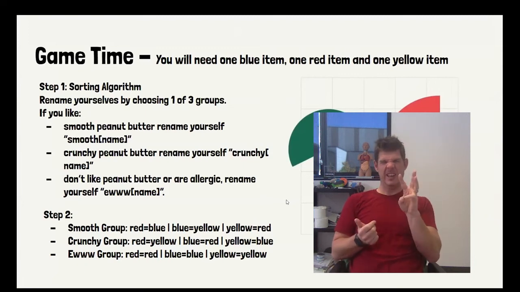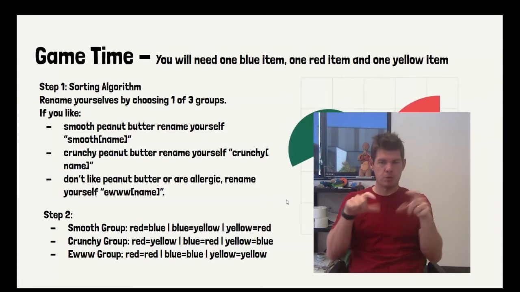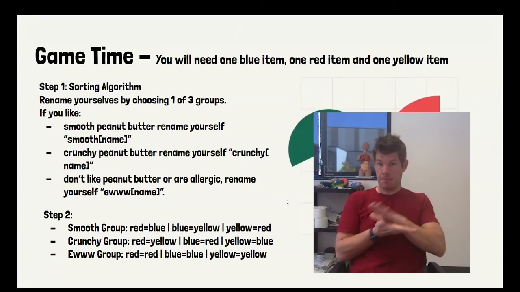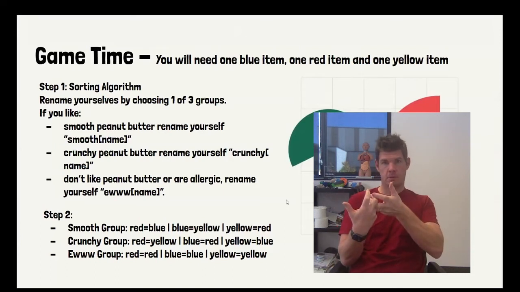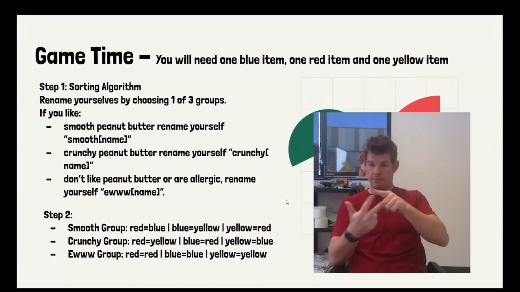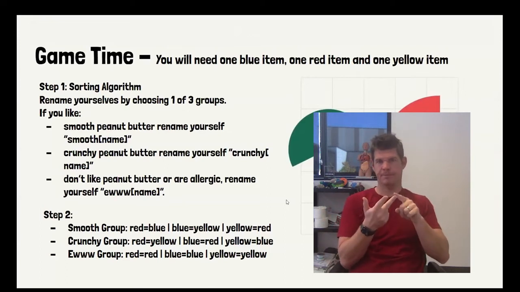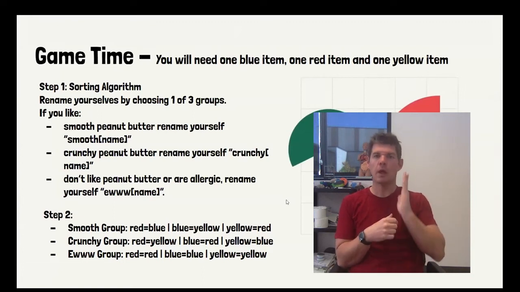Now, the way that you're going to do that is in your Zoom window, based on which one of those three options you like, you are going to go into the little tile on Zoom that has your picture, and just at the top, there should be a button with three little dots.